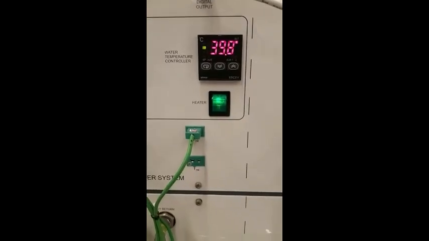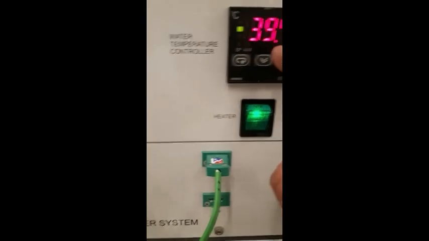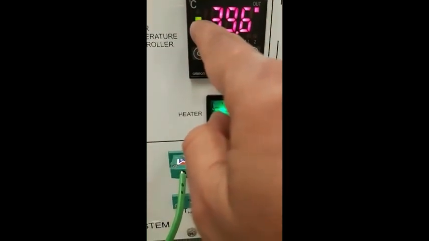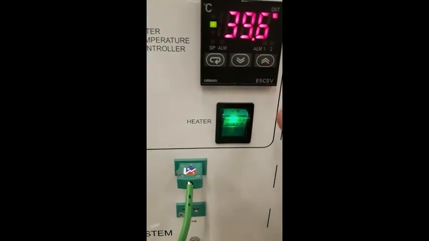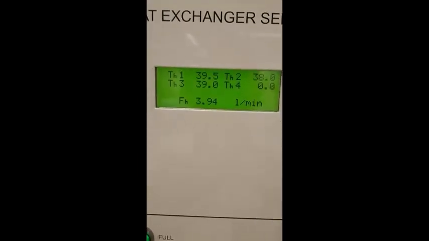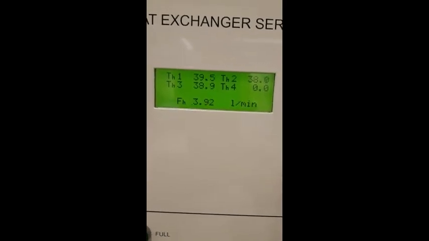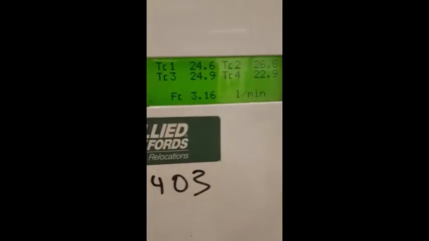Now look, this temperature is already close to 40, and it shows green. So we can take the data. This is the hot side, so we take this data. We take this data for the cooling side.